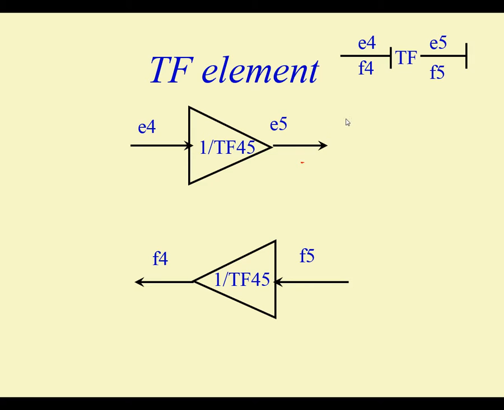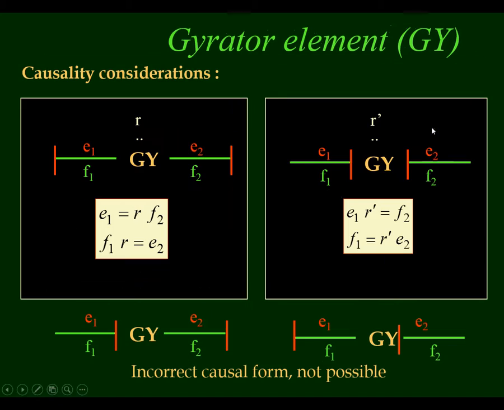The equation here says E sub 5 is equal to 1 over T, the transformer ratio, times E sub 4. So that's the TF element.